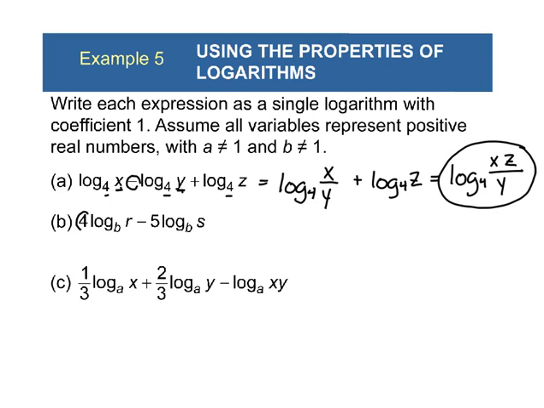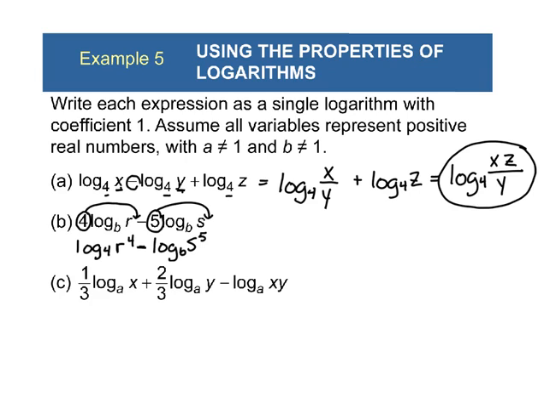Now on this next one, take the 4 first, and this is the thing that we do first. We get rid of the numbers in front of our logarithm by placing them as the exponent on what is inside our logarithm. So we say log base b of r to the 4th minus log base b of s to the 5th.